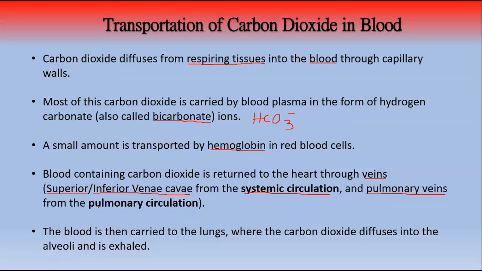The carbon dioxide would be exhaled, and the oxygenated blood would be taken back to the left side of the heart, specifically the left atrium, then to the left ventricle and pumped through the systemic circulation to the rest of the body. That's oxygenated blood, so it returns to the heart via the pulmonary vein.